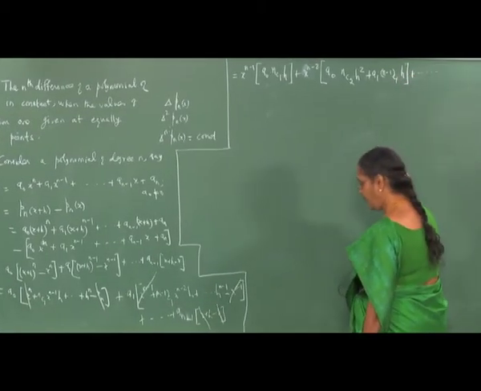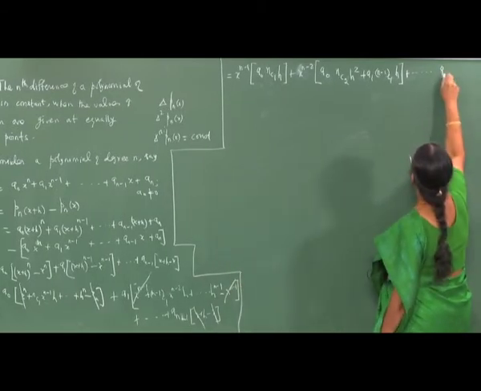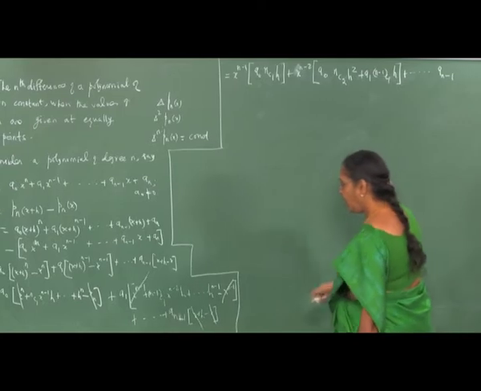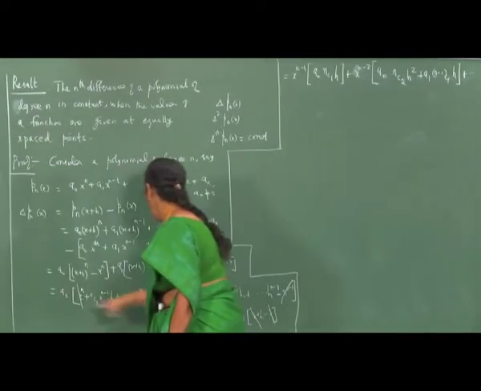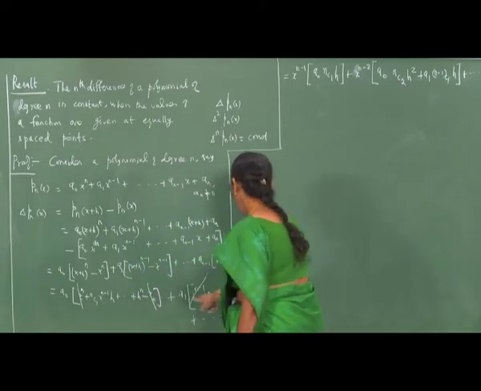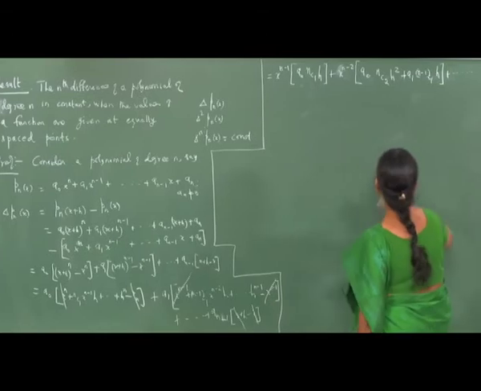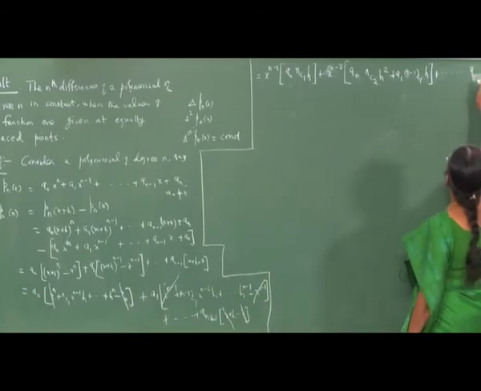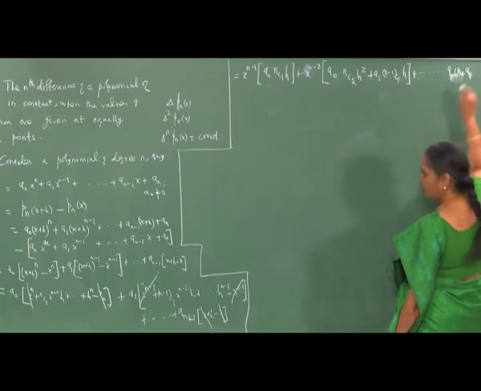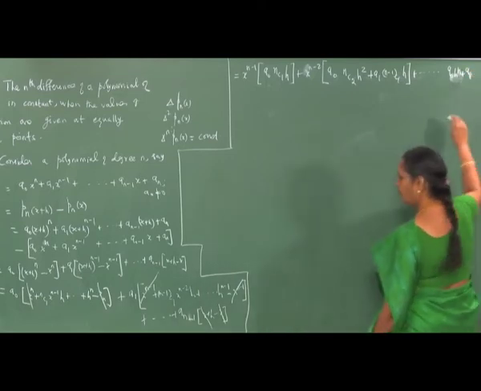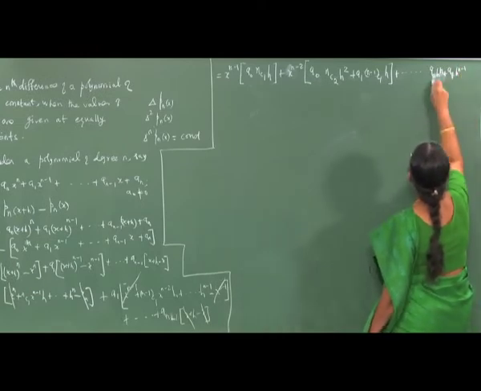So, continuing this way, you end up with the last term, which is the constant term, which comes from a naught into h to the power of n plus a1 into h to the power of n minus 1 plus etc. So, a naught h power n plus a1 into h to the power of n minus 1 and so on.